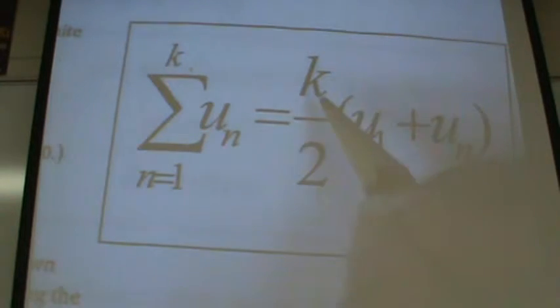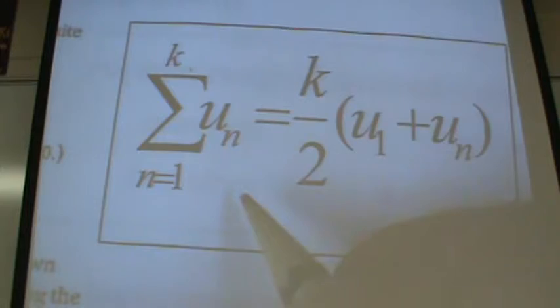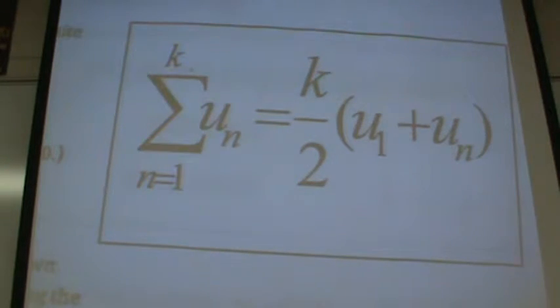So what is k? Let's talk about what each of these represent. k is the number of terms that you're adding together. So let's say I give you this problem right here. How many terms am I asking you to add up? 5.